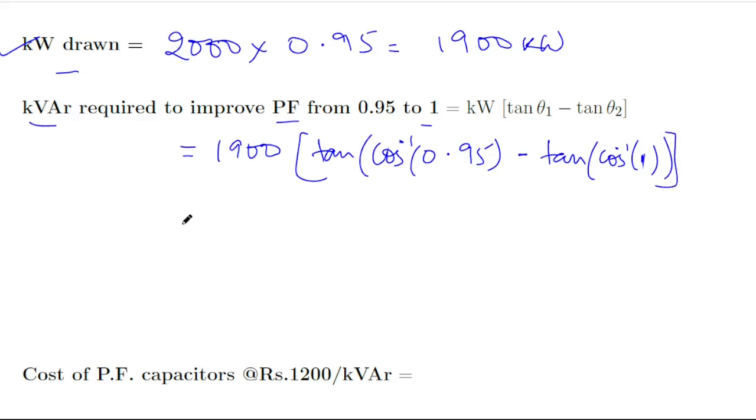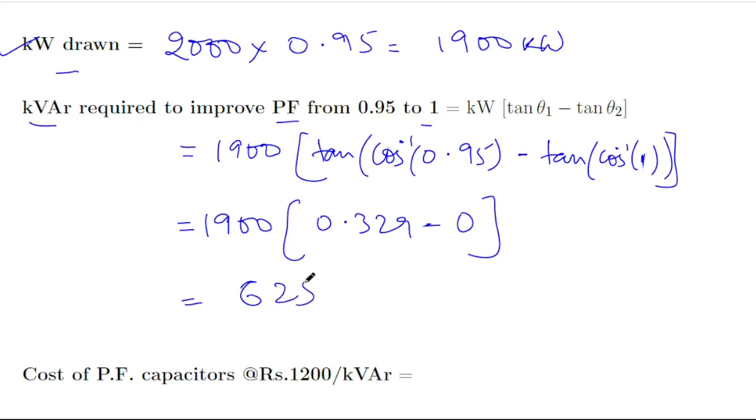After calculating this, we get the value of 1900 multiplied by 0.329 minus 0, which is nothing but 625.1 kVAr. So the capacitor required is 625.1 kVAr.